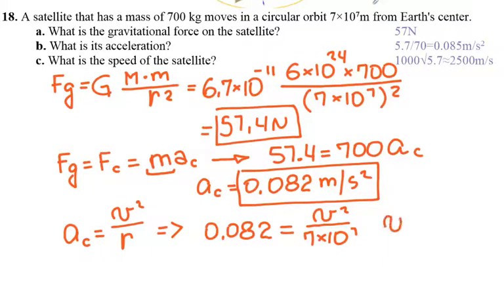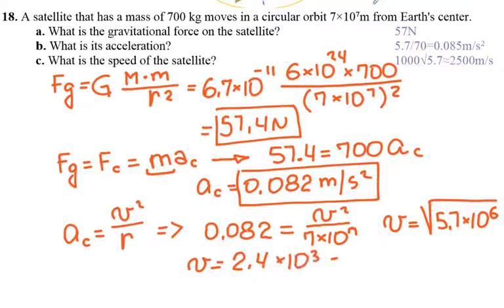Now if I solve for the velocity, I multiply both sides by 7×10^7, giving 5.7×10^6. If I take the square root of this number, I get the velocity equal to 2.4×10^3, or 2400 meters per second.